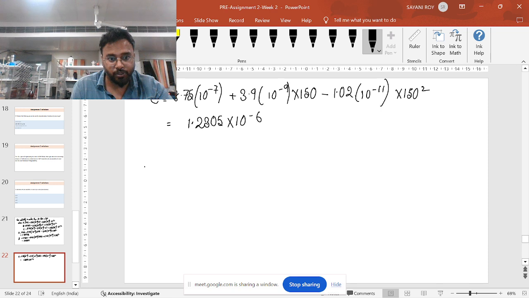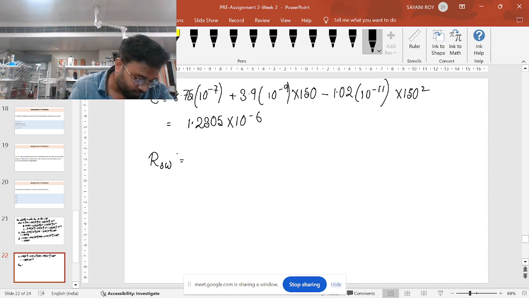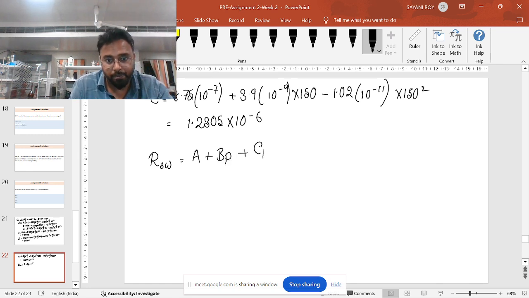So to find the RSW, the solution of gas in water, it is A plus BP plus CP square.